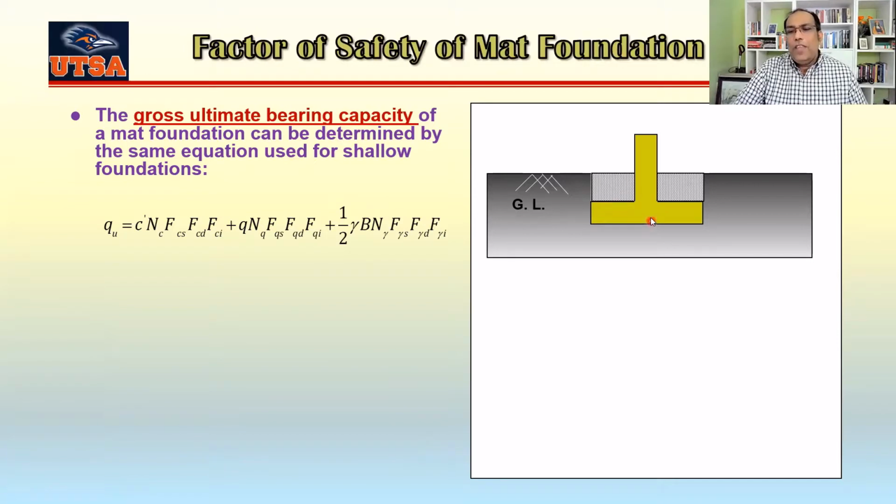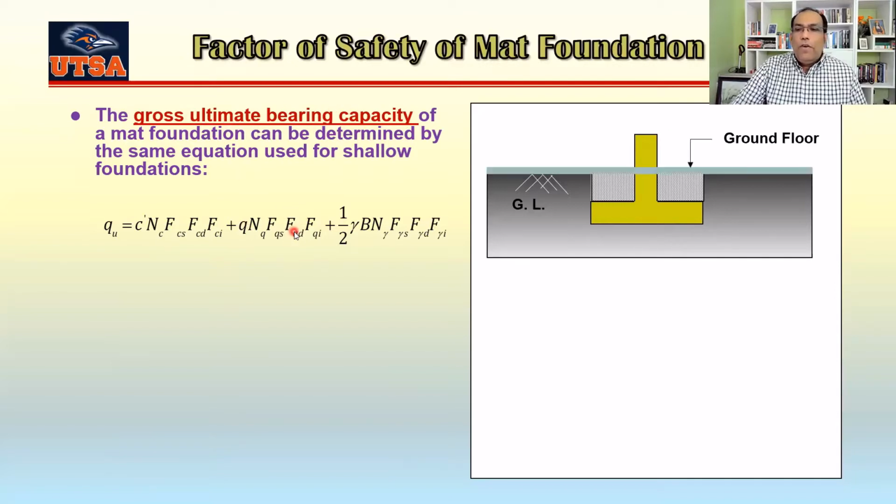If you assume there is no difference between the unit weight of soil and concrete, which is a rough assumption, I cut the soil, put the footing there, and then filled the whole thing with soil again. So that's the gross bearing capacity. That's what we use here.